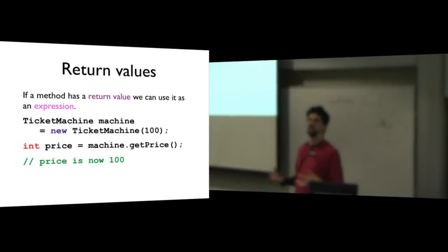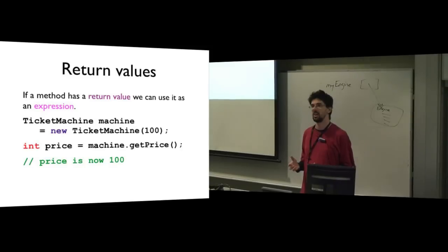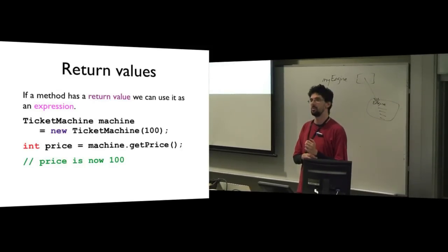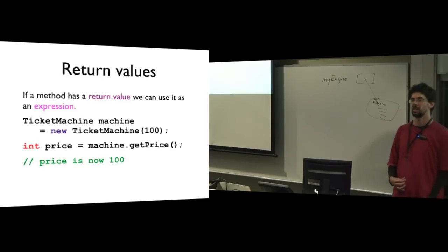So any method that has a return value, we'll actually call a function. We'll go more into the difference later, but an accessor method or a function are different names for the same thing. It's a method that gives you back a value. So an accessor method can be used as an expression in a calculation.